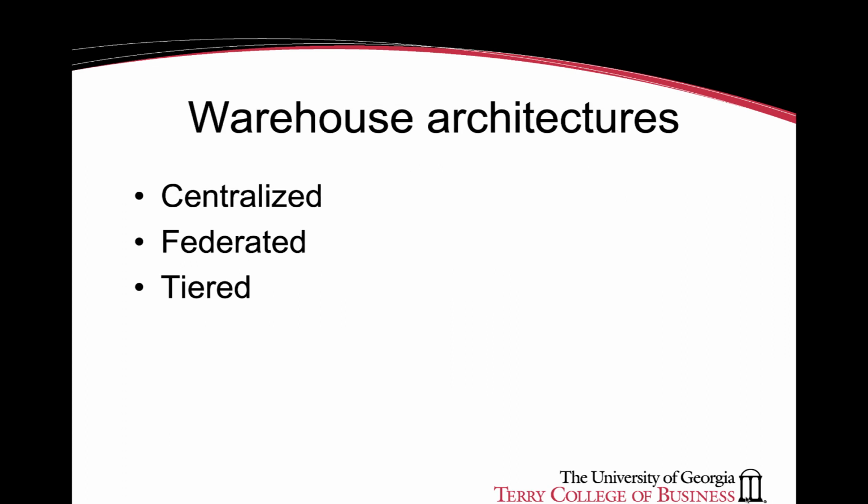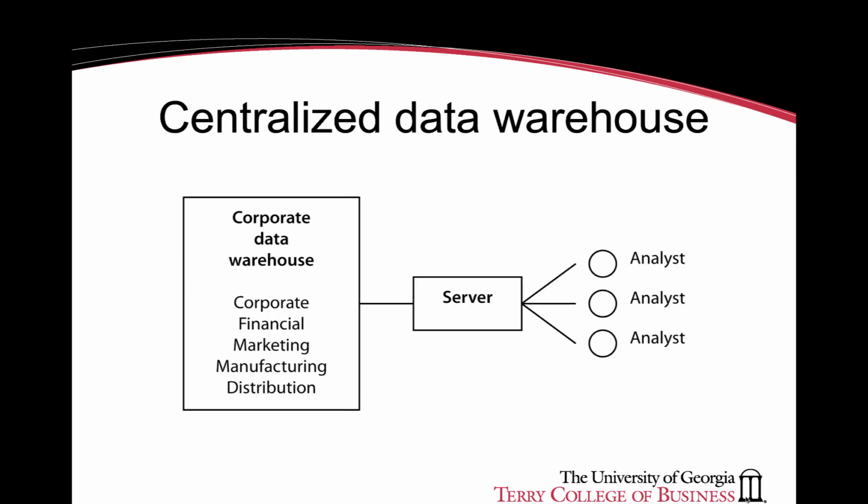There are a variety of ways that data warehouses can be structured. Three broad structures are centralized, federated, and tiered. The centralized data warehouse creates a single corporate data warehouse that stores all organizational data.